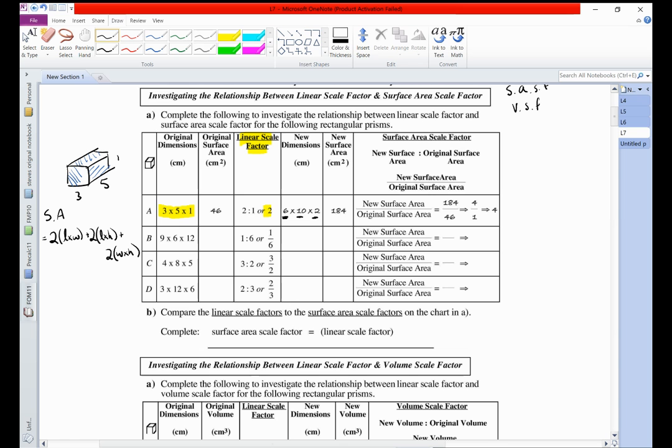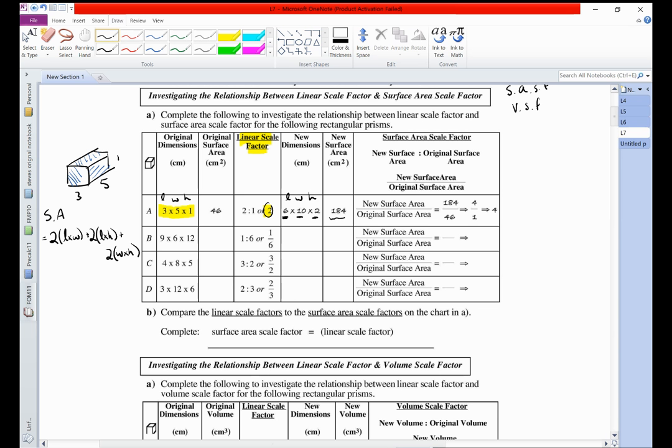We can put these new dimensions, a length, a width, and a height, into our surface area formula, and we get our new surface area of 184. So we've created a scale rectangular prism. It's bigger because our scale factor was bigger than 1, and we have a surface area of 184 centimeters squared.